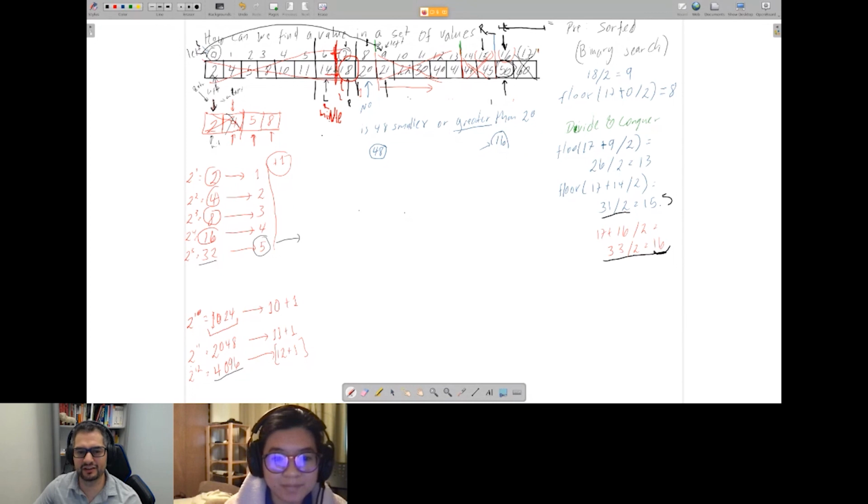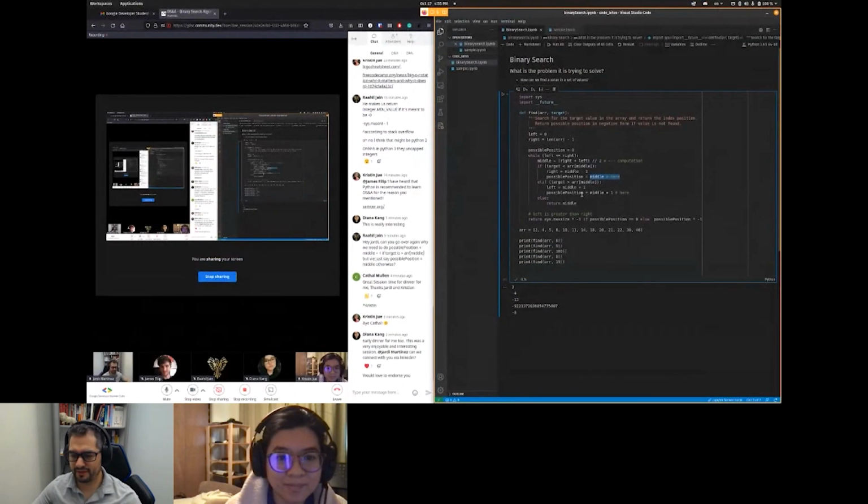But this is the only option, right? So if 15 is after me, if the target value I'm looking for is after the value I am looking at, it should be in the next spot. It should be in the next pocket, right?